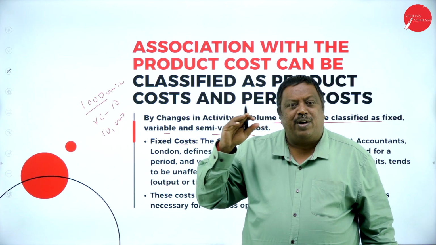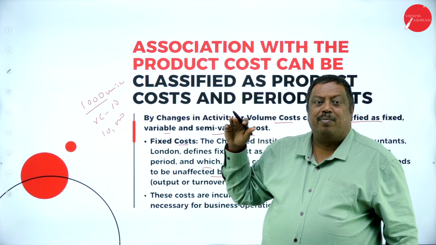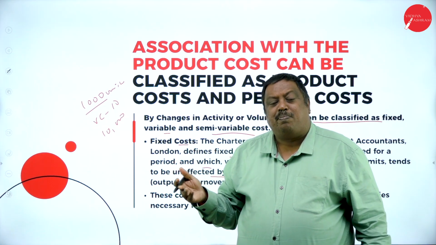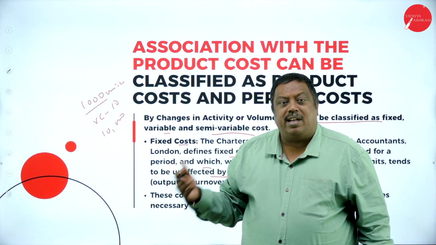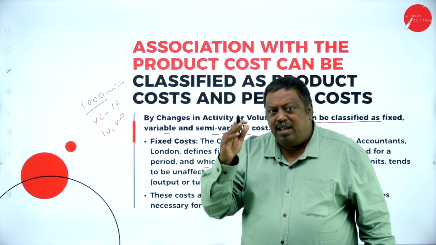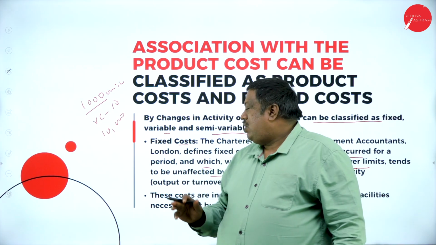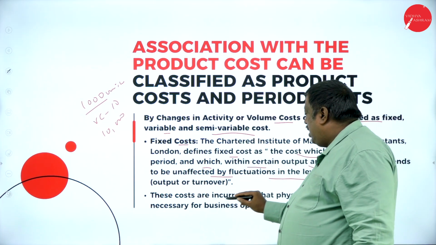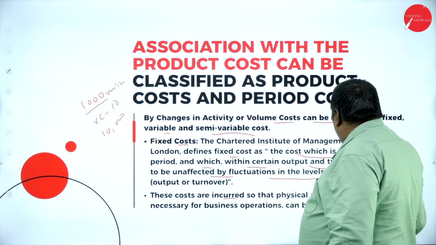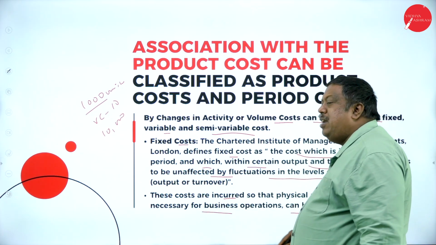The rent we're going to pay will be stagnant, whatever the output may be. Whether I produce 10 units per day or 10,000 units per day, it never makes any change in my payment of rent here. So that is called my fixed cost. These costs are incurred so that physical and human facilities necessary for business operations can be provided.